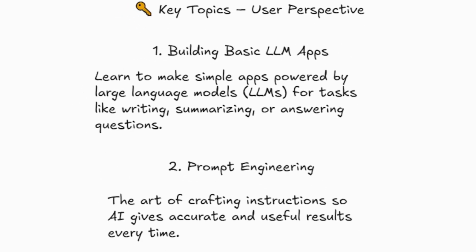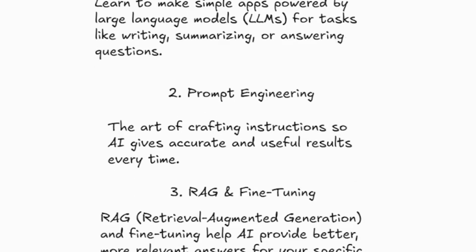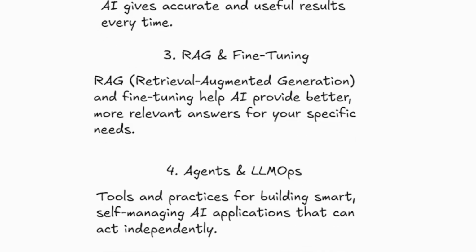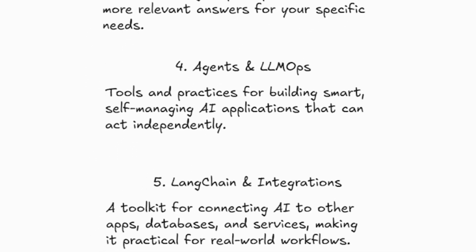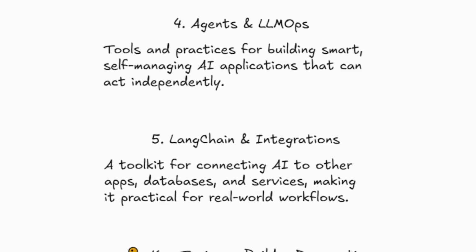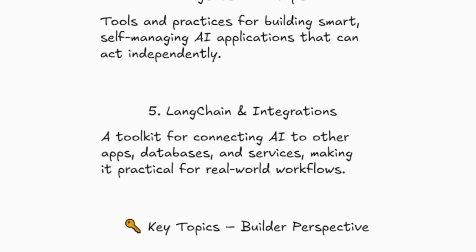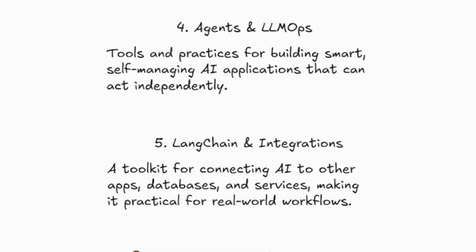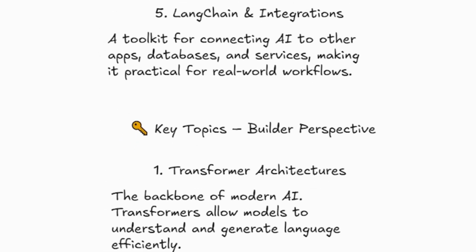In this course we will build basic LLM apps. We will learn prompt engineering, RAG and fine tuning. Then we learn agents and LLM ops. Then we learn LangChain and its integrations. After the user perspective side is covered first, then we learn the builder perspective side.